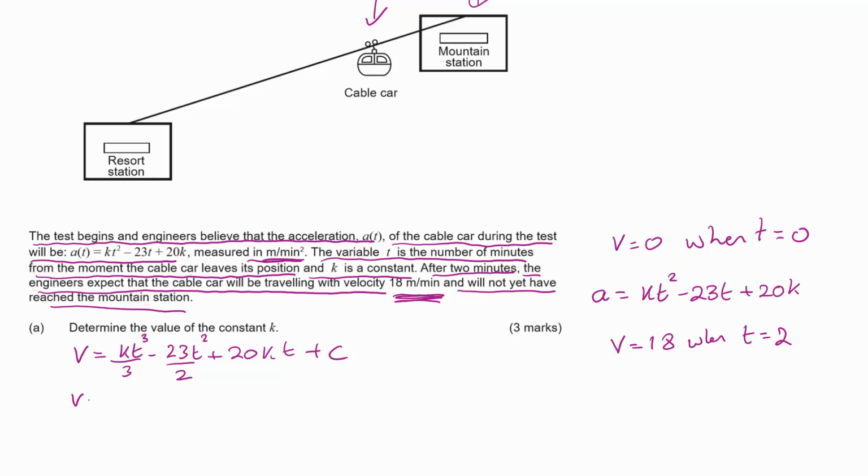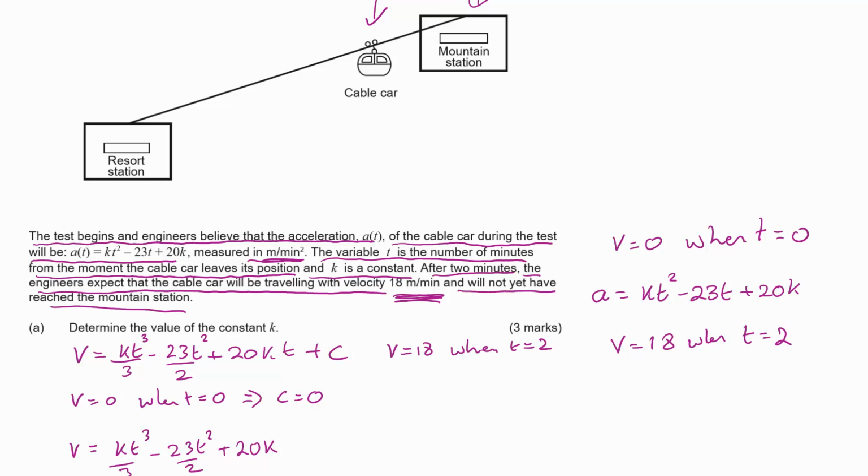Now, v is equal to 0 when t is equal to 0 will give us that c is equal to 0, and so v is going to be kt cubed over 3, take away 23t squared over 2, plus 20kt. But we also know that v is equal to 18 when t equals 2.